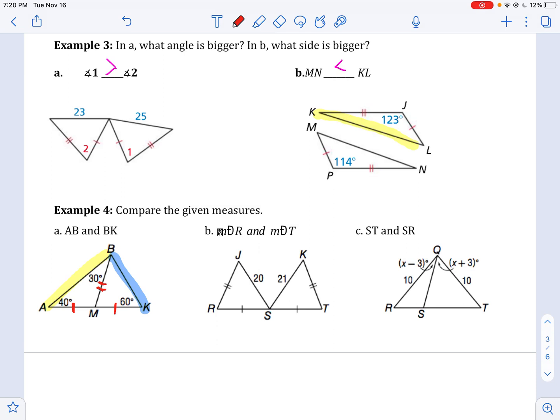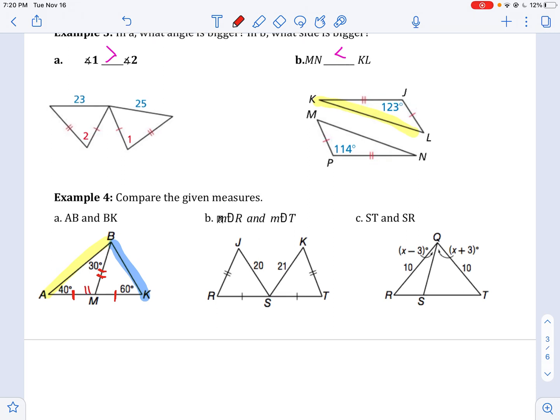And that means that, well, this must be 110. Means that's got to be 70. So across from 110 is going to be larger than the side across from 70.